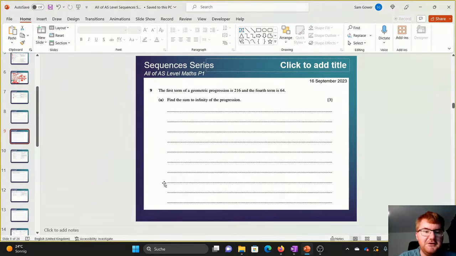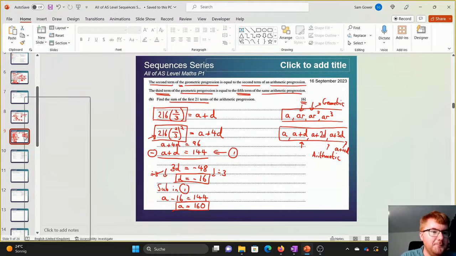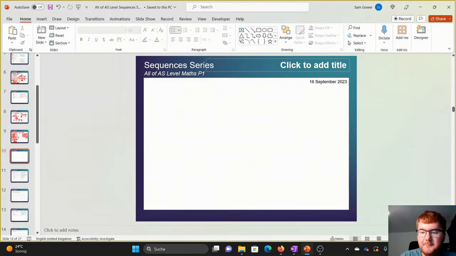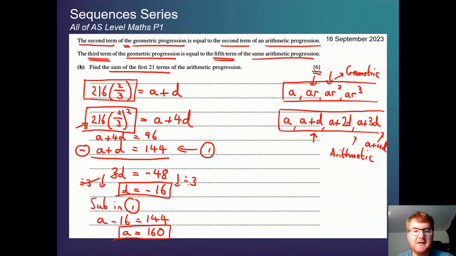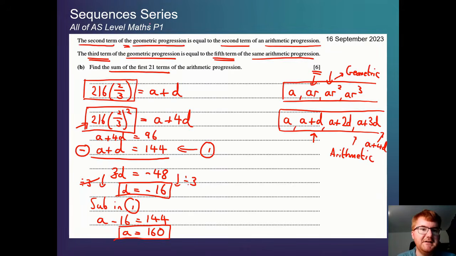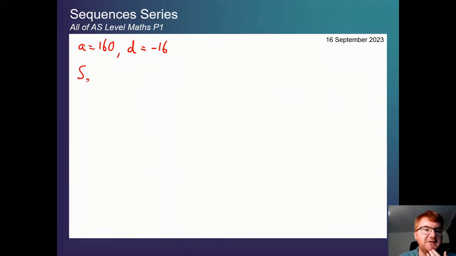So let me create a new slide so we have a little bit more room to work out the last part. Just to remind ourselves, we have a is equal to 160, d is equal to minus 16. And we want to work out the first 21 terms, so our n here is going to be 21.